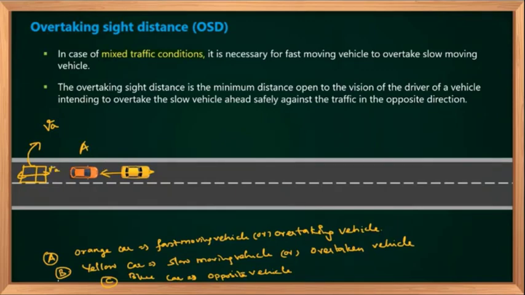Here the vehicle speed is VB. This fellow is also moving at VB. Don't take VA for vehicle A, okay?